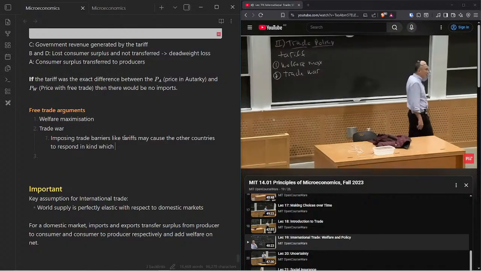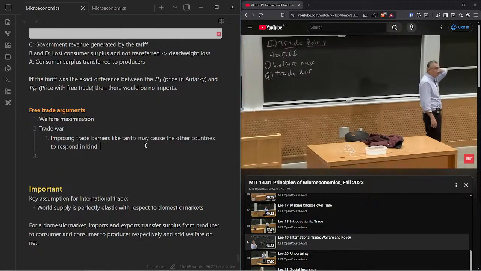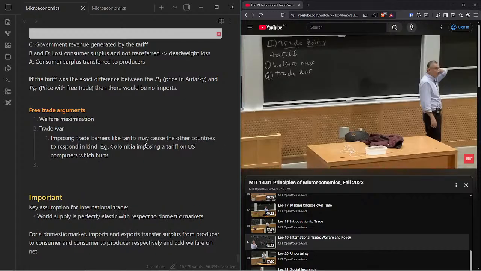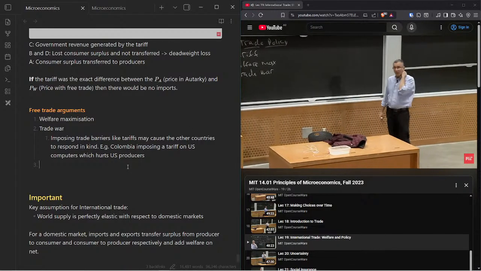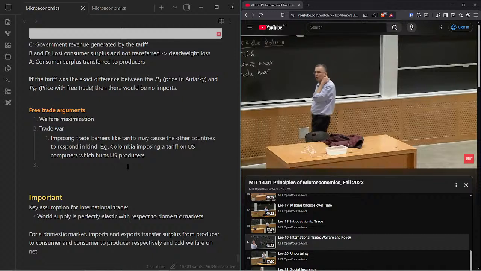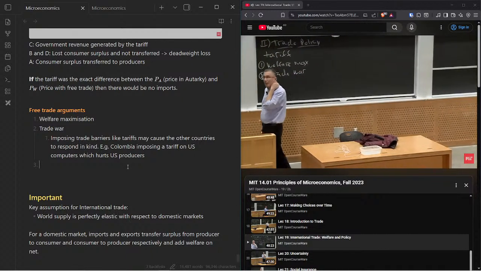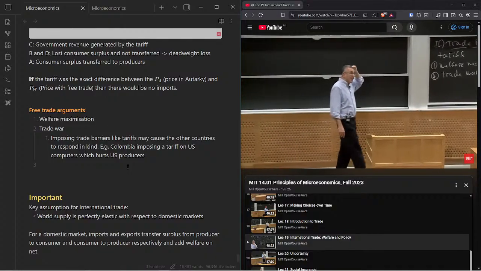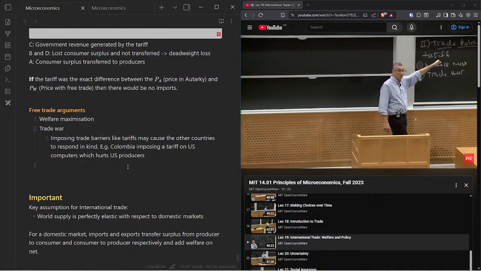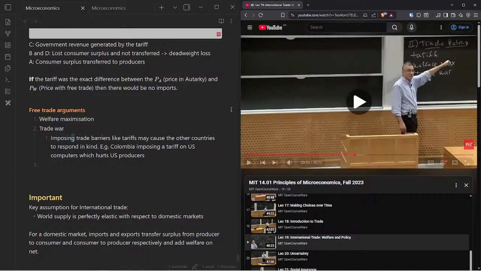So it's not even clear we raise producer surplus at all. We clearly lower consumer surplus. So the welfare analysis is even stronger than you think, because if there's a trade war, our exporters get hurt too.